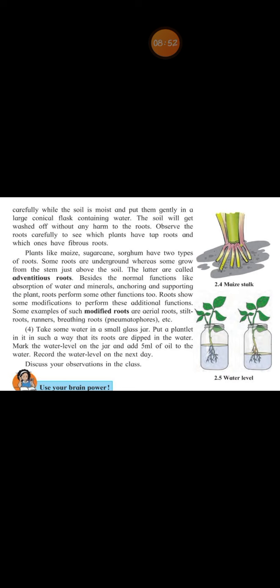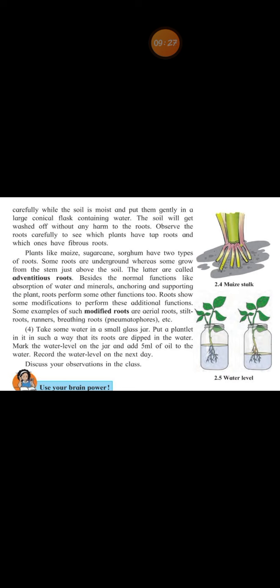Some examples of such modified roots are aerial roots, stilt roots, runners, breathing roots, that is pneumatophores, etc. Children, I know very well that all these terms are very much new to you, but you have to keep in mind these terms. Okay, children? Yes.